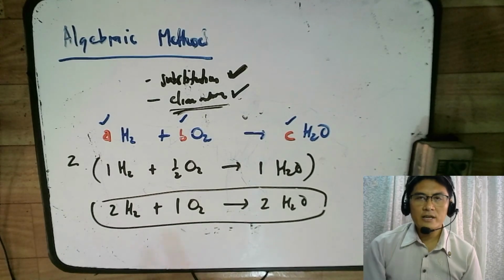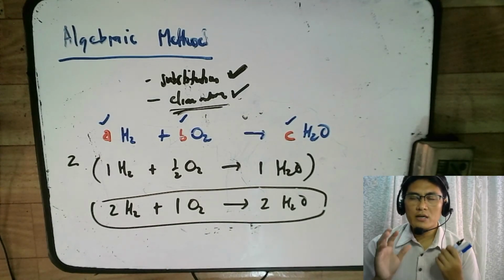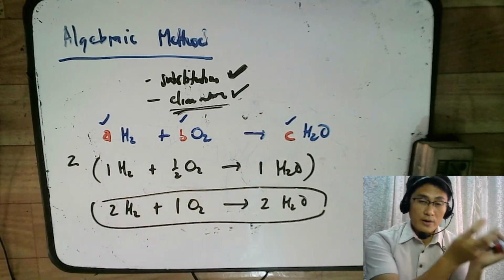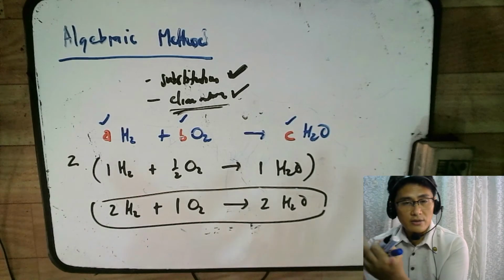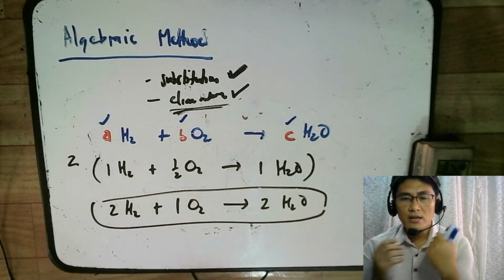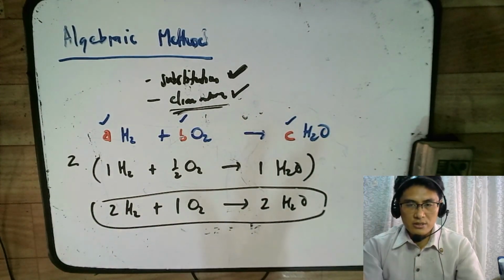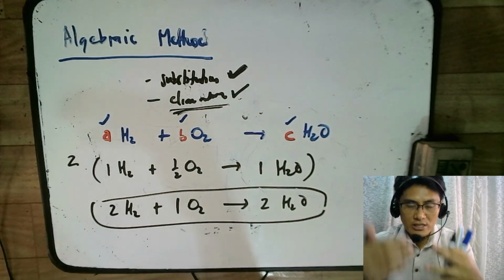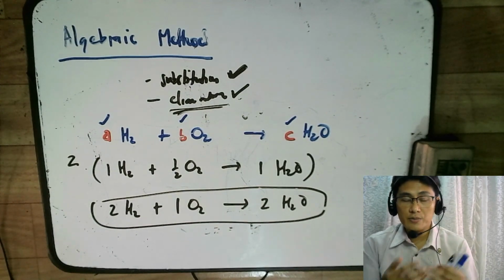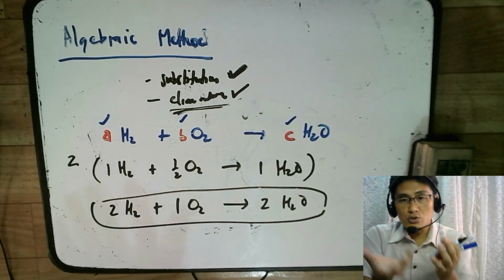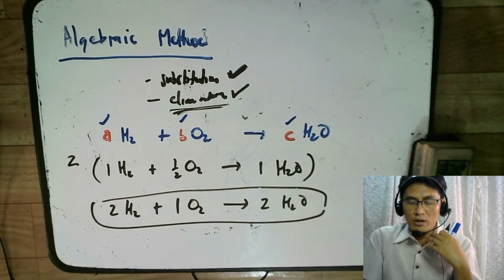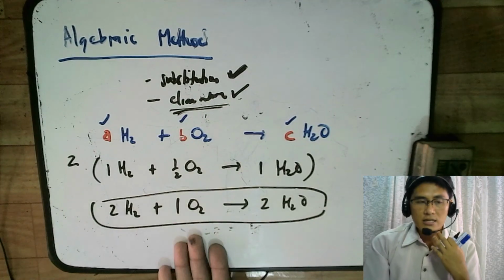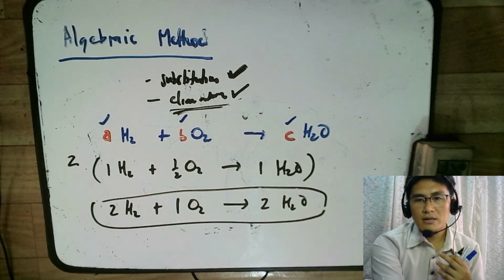But essentially, I wanted you to understand the concept: because a chemical equation is still an equation, the left side is still equal to the right side, then you can make algebraic expressions, and those expressions can be equated together, and then those equations can be treated like algebraic equations, which means you can use substitution and elimination to solve for the coefficients. And once you solve for the coefficients, you just have to make sure that they are in whole numbers, and voila, you have balanced the equation using an algebraic method.